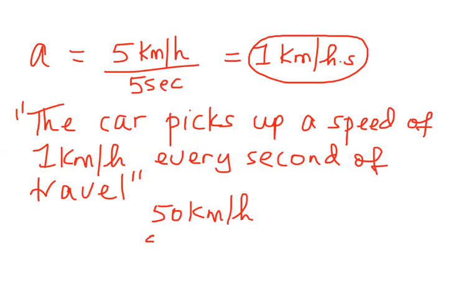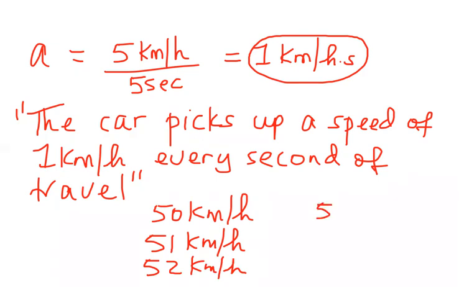You're going to add 1 because that's what it means to accelerate at 1 kilometer per hour per second. After another second, we'll see the car at 52 kilometers per hour. After another second, it will be at 53 kilometers per hour, and so on. So you are adding a speed of 1 kilometer per hour every second of travel.